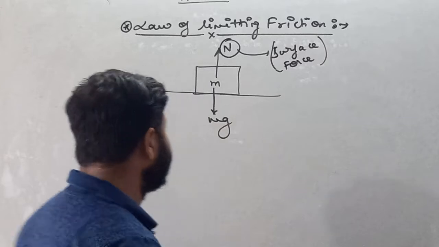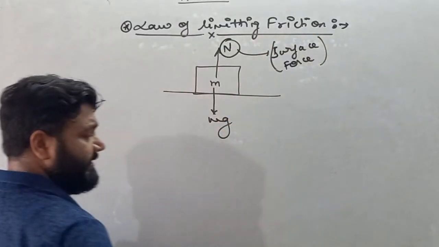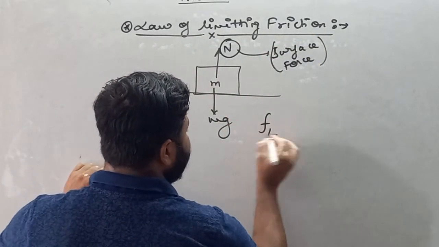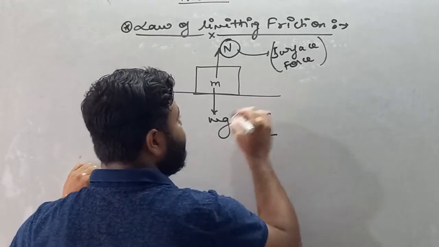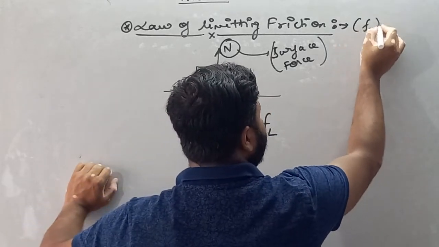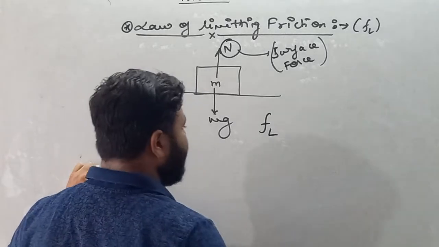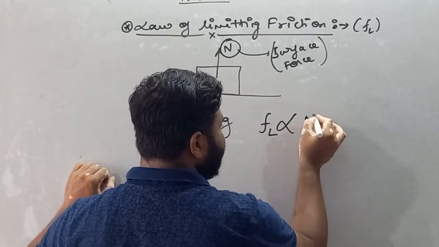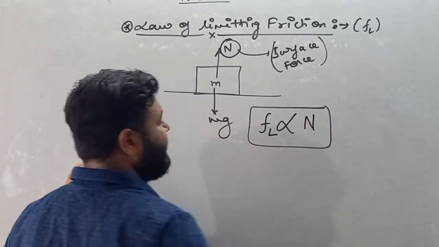So see, my dear student, what the law of limiting friction is. The law of limiting friction says that limiting friction, represented by FL, is directly proportional to the normal reaction force.